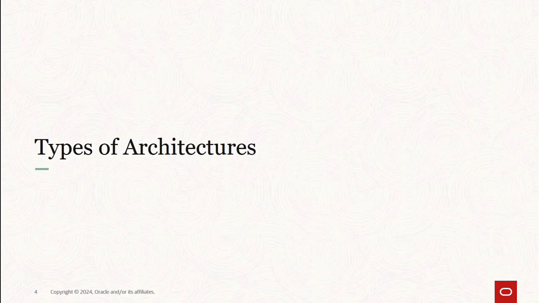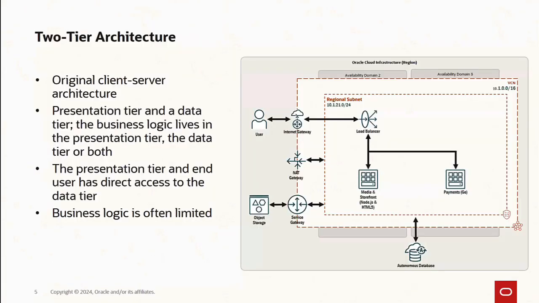So the basic two-tier, this is the original client server architecture. You'd have a presentation tier and a data tier, and the business logic lives in the presentation tier, the data tier, or both. It fit where the software programmer decided it was going to go, quite frankly.